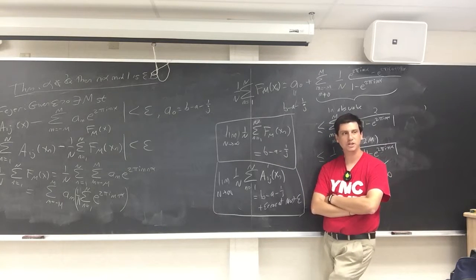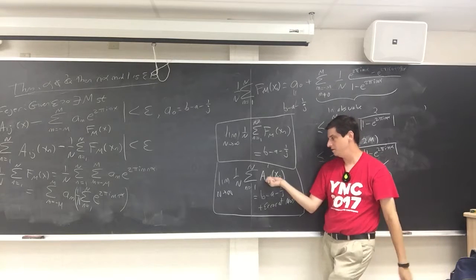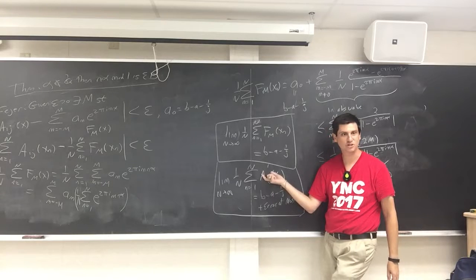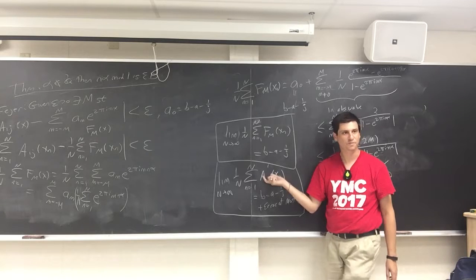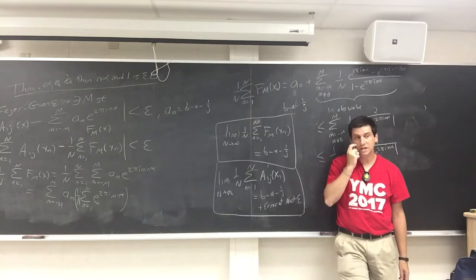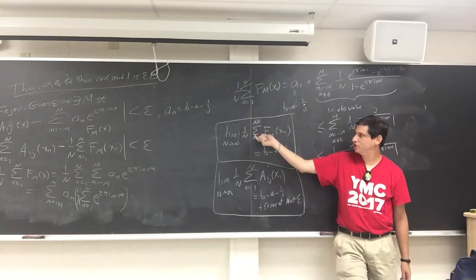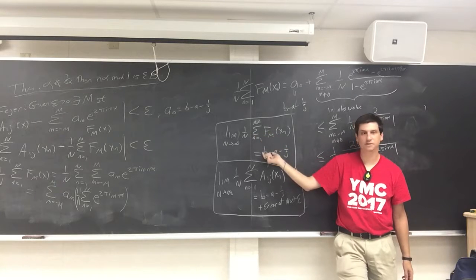If we choose epsilon getting smaller and smaller and smaller, is this limit changing as we change the value of epsilon? Does this limit depend on epsilon? No. So we can keep making epsilon smaller. That will change m. Will that change the limit here?